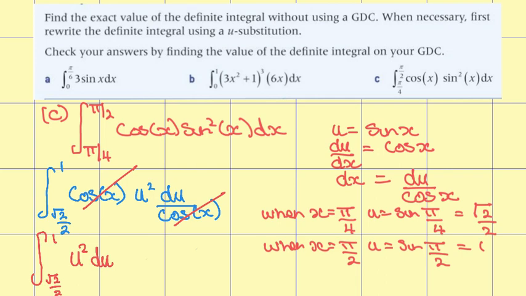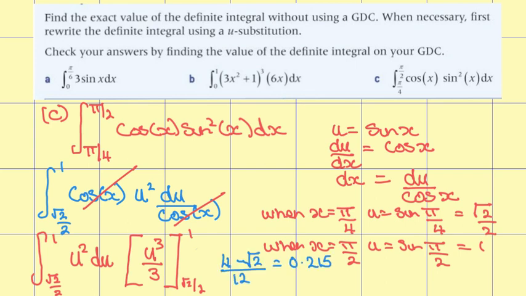If we now integrate, we get u cubed over 3 between the values root 2 over 2 and 1, which when we work out gives us (4 minus root 2) over 12, which equals 0.215 to 3 significant figures.